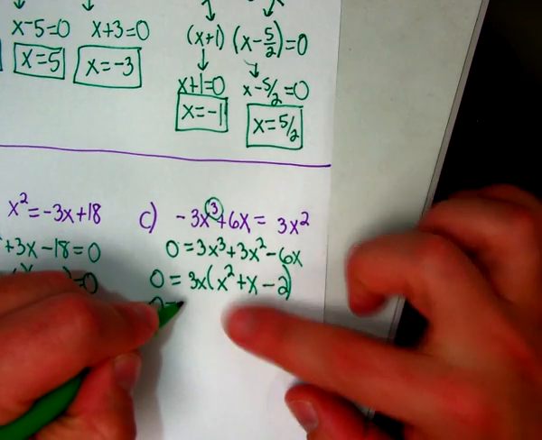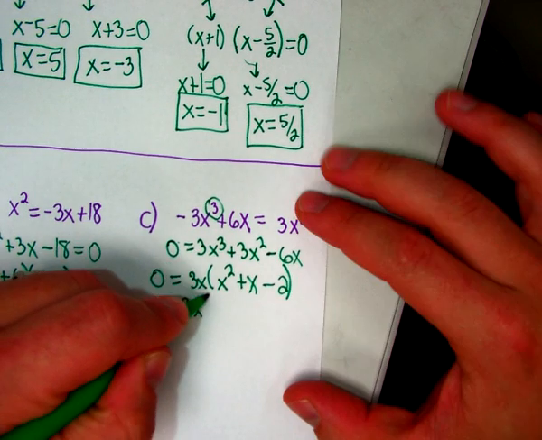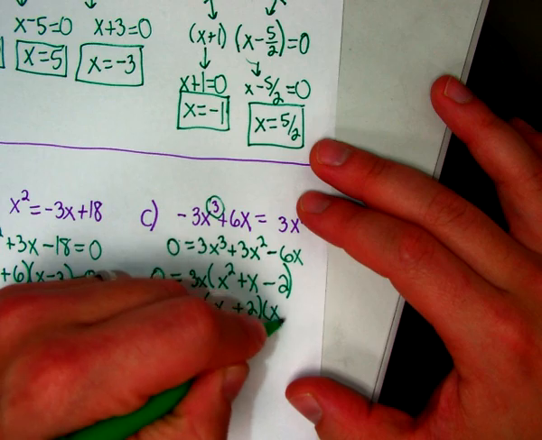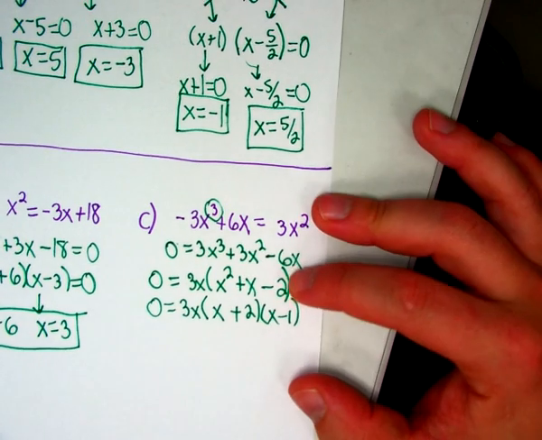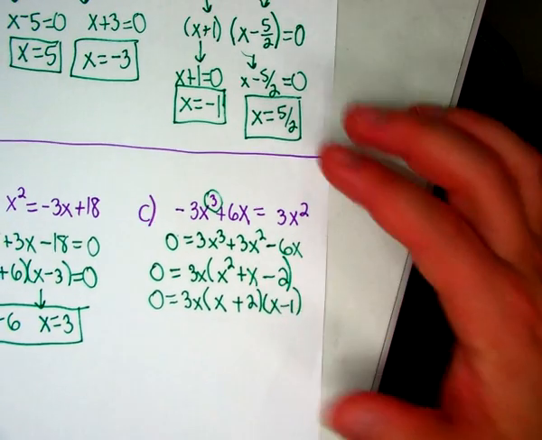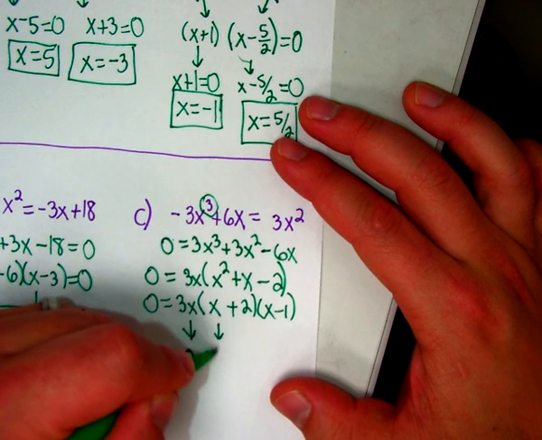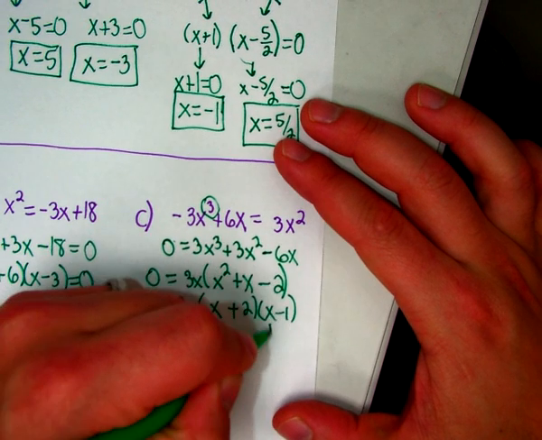This is a trinomial with the leading coefficient of 1 now that we've taken the GCF out, which means we're going to have x plus 2 and x minus 1 for the factors. Those are the factors of negative 2 that add up to positive 1. Solve each one of these, we get x equals 0, x equals negative 2, and x equals 1.